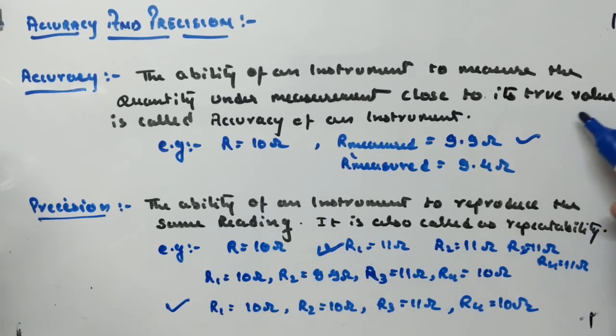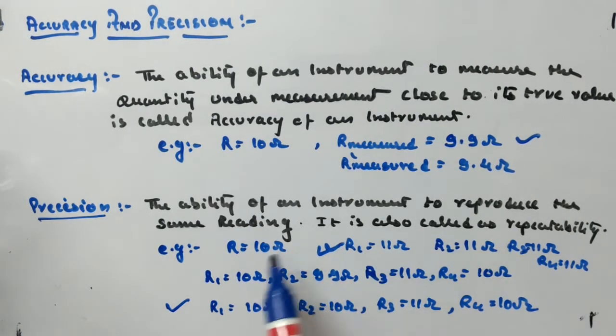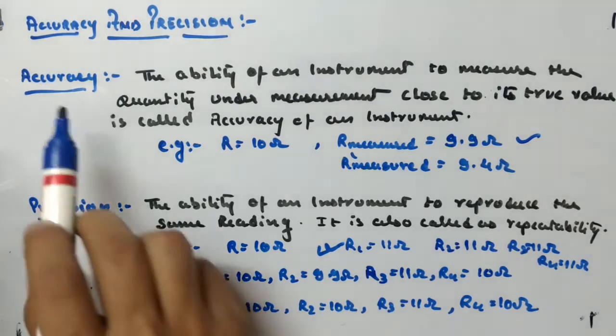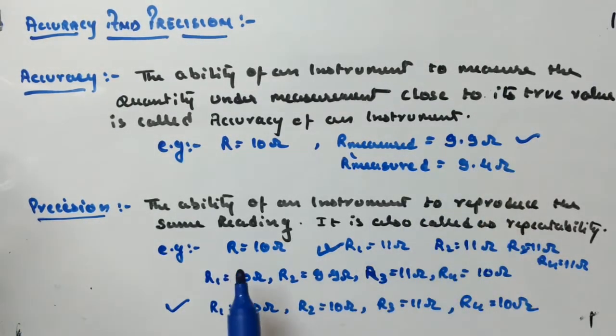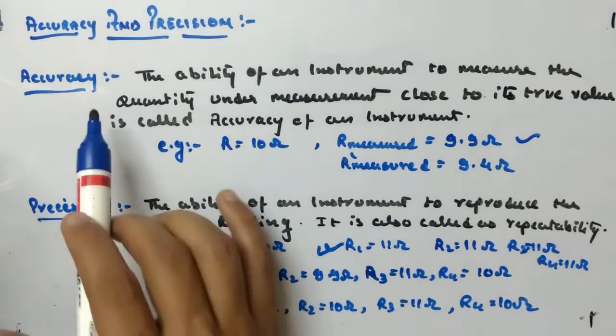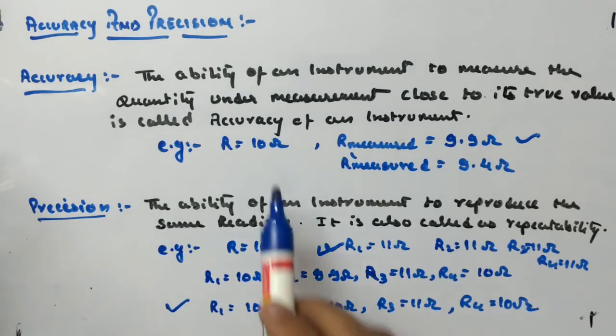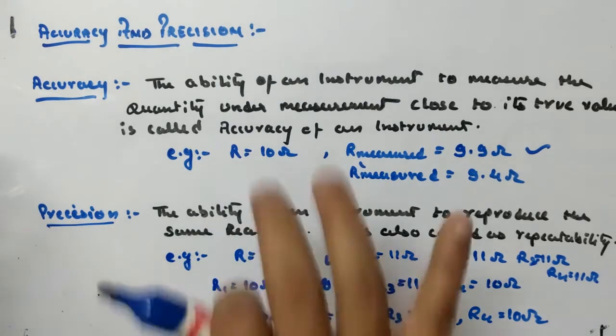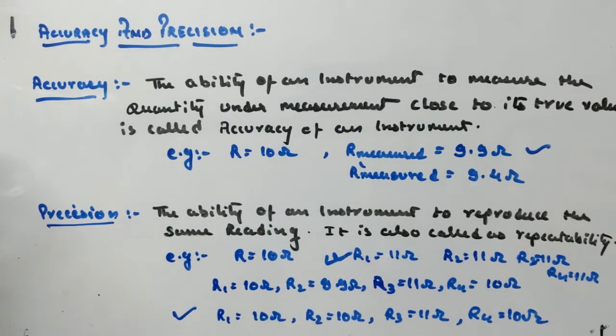It is not important to produce the reading as close to the true value. It is just how many times you produce the same reading that defines the precision of an instrument, whereas for accuracy you have to measure how close the observed value is to the true value. These are the properties of an instrument.